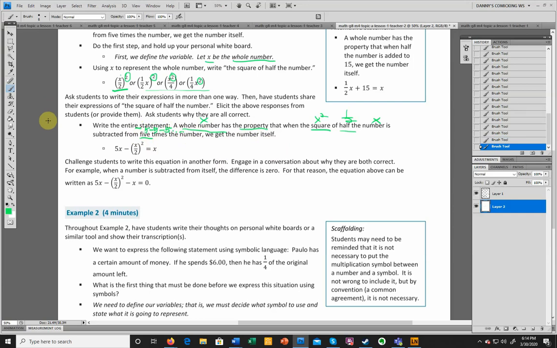So, let's take a look at that. 5x, 5 times x, minus x over 2, that's half the number, squared, equals x. That will equal the number itself.